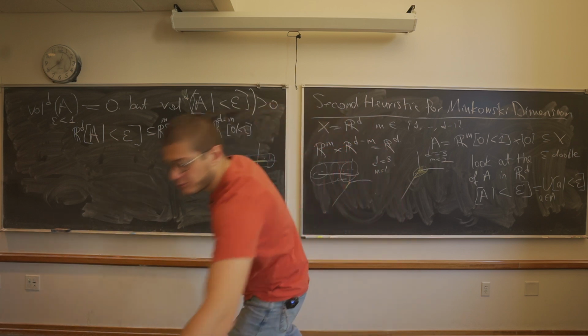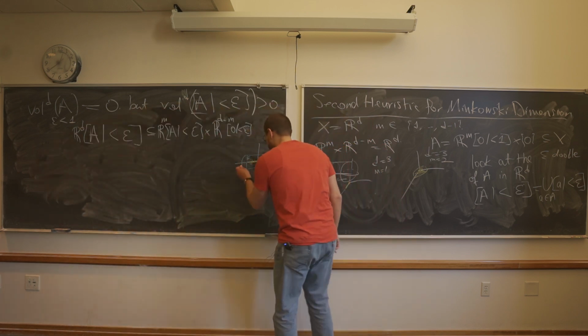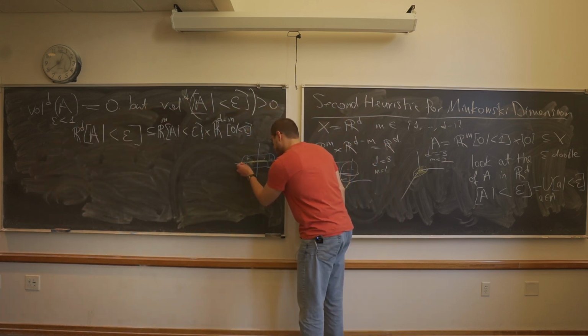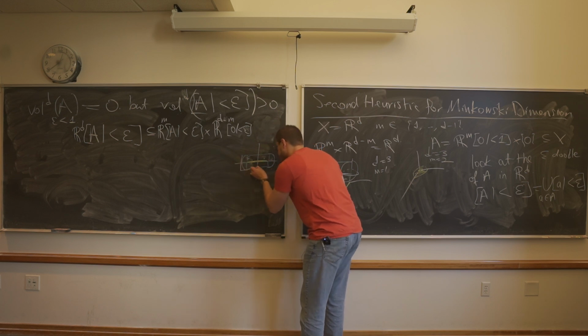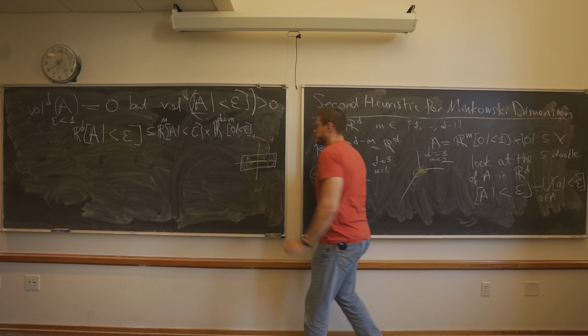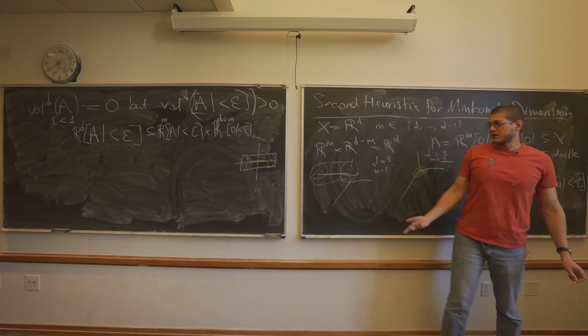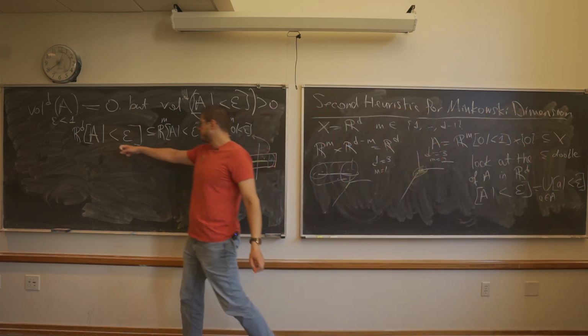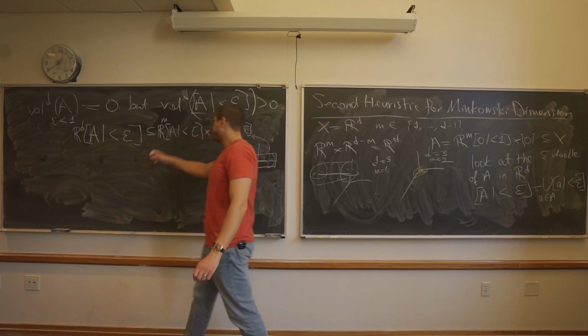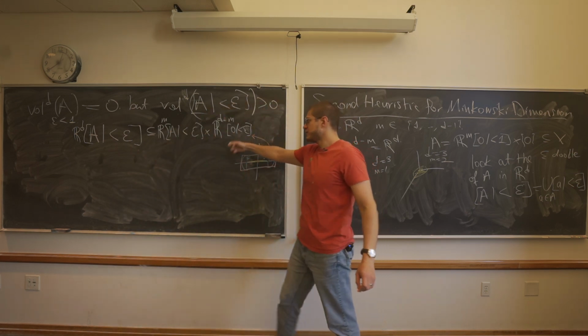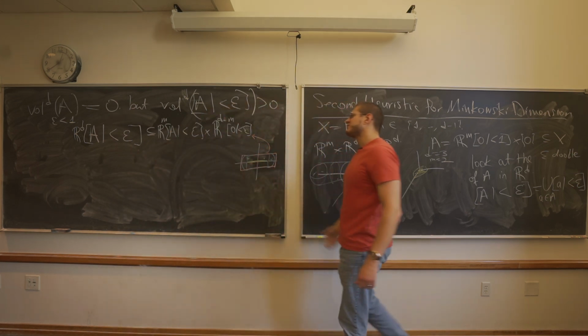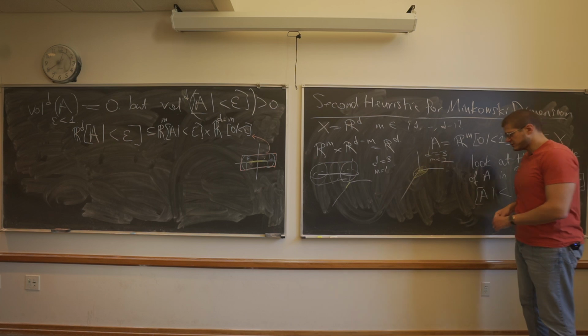This pill is included in the box. That's what I'm saying. And consequently, of course, the volume of the doodle should be bounded by the volume of this guy. The point is, it's relatively easier to compute the volume of the larger one.